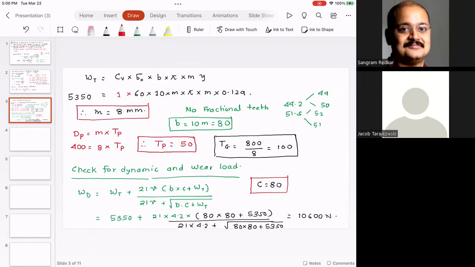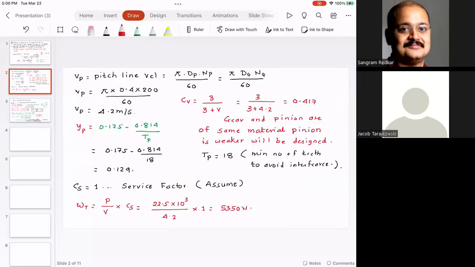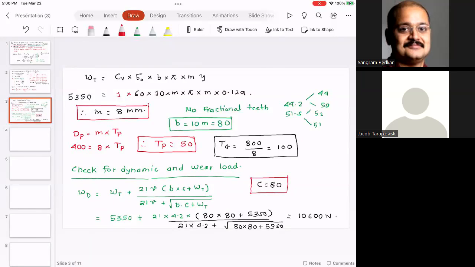I know why you got 4.7. I think I made a mistake somewhere with CV. This is not 1, this is 0.417. This is the mistake I made. Don't make this mistake. This is CV, not CS. So now you can divide your 4.7 by 0.417 and tell me what value you get.